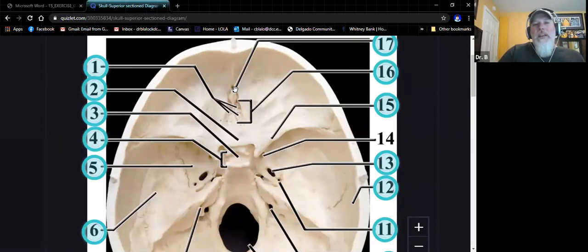Number 17 is this little process of bone sticking straight up, and that's called the crista galli. Number 16, which we see bracketed right there, is pointing to this whole area of bone. That whole area of bone is called the cribriform plate.